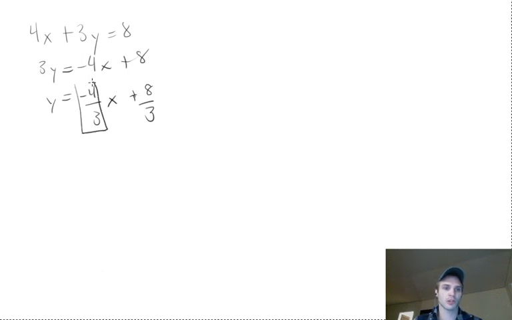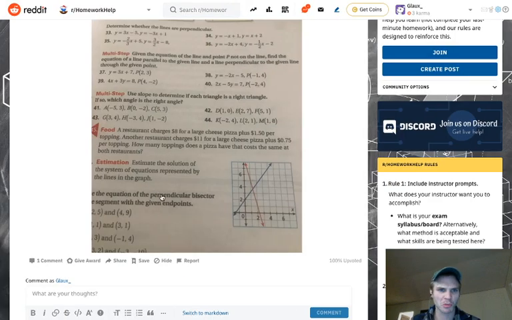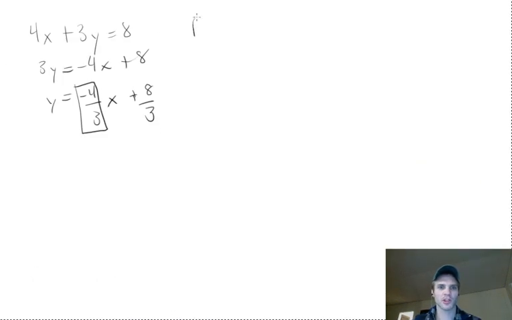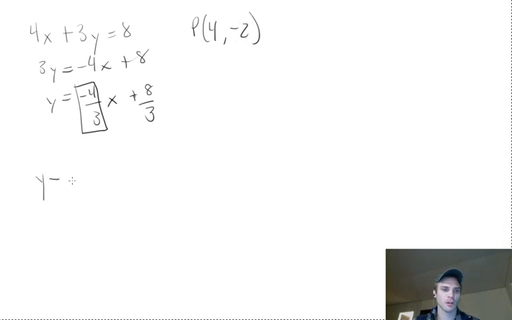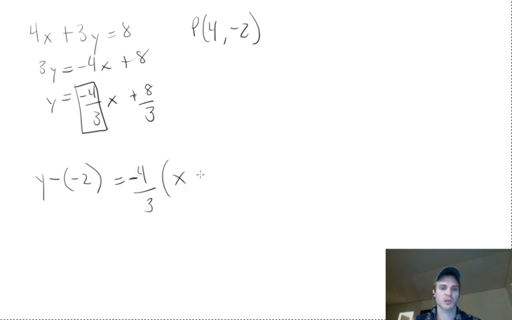Here is our slope. So when we make a parallel line, it's going to have the same slope. Let's pull our point from the problem. Point is 4, negative 2. Okay, so we want the same slope, so we're going to say y minus y1. Here's our y1. And so it's minus negative 2 equal to m, which is negative 4/3, times x minus x1, which is 4.